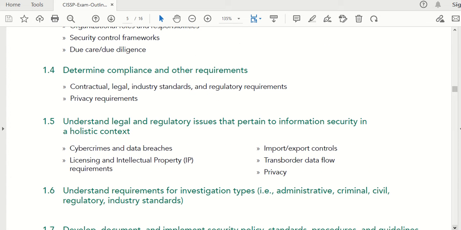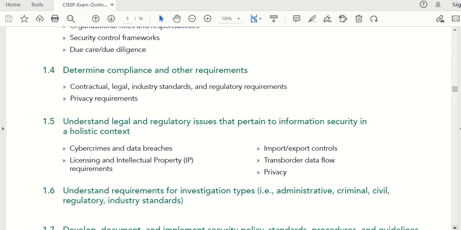Understand legal and regulatory issues that pertain to information security in a holistic context: cybercrimes and data breaches, licensing and intellectual property requirements, import/export controls, transborder data flow, and privacy. In licensing, we learn about digital property rights and digital media property rights.